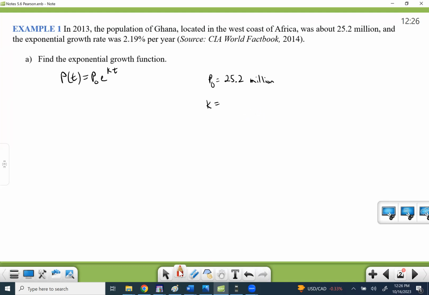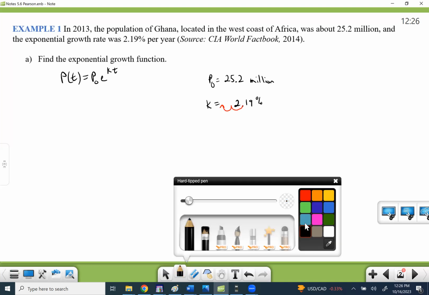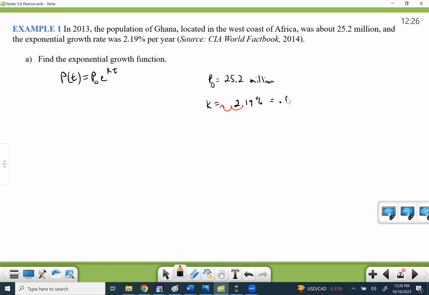Let me try this again to give myself a little space. So 2.19%, if we move that decimal 2 times, then what we're going to end up having is 0.0219 as what we're going to use for K. So never substitute in the percent. You've always got to change the percent into a decimal.